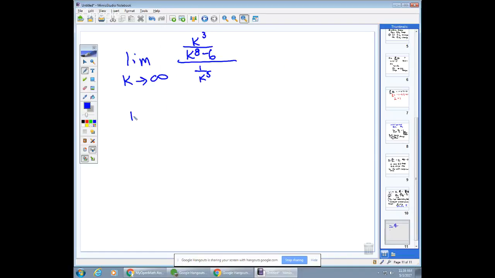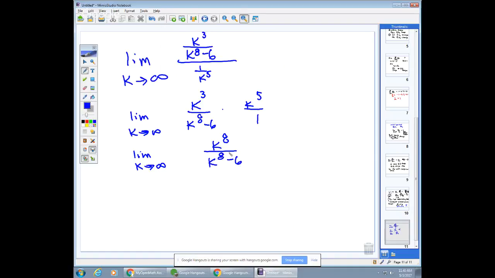So rewriting that, we're going to get k cubed. The reciprocal of that is k to the 5th over 1, and then we have k to the 8th minus 6 in the denominator. Putting that all together, we have the limit as k grows forever of k to the 8th over k to the 8th minus 6. Two polynomials of the same degree. So what should the limit be? 1.